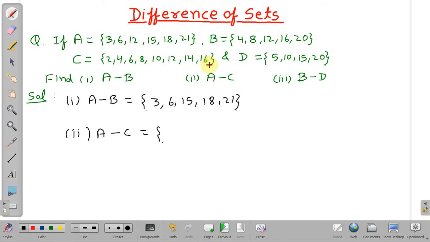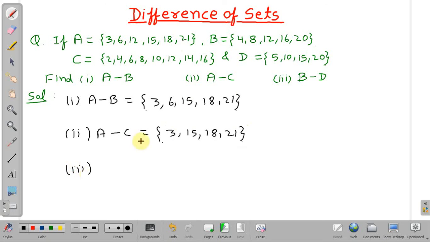Up to 16 all even numbers. So from set A we have to remove the even numbers up to 16 only. So 3, 15, then 18 is even but it is not contained in C, so we will include that. 3, 15, 18 and 21. So this is A minus C.